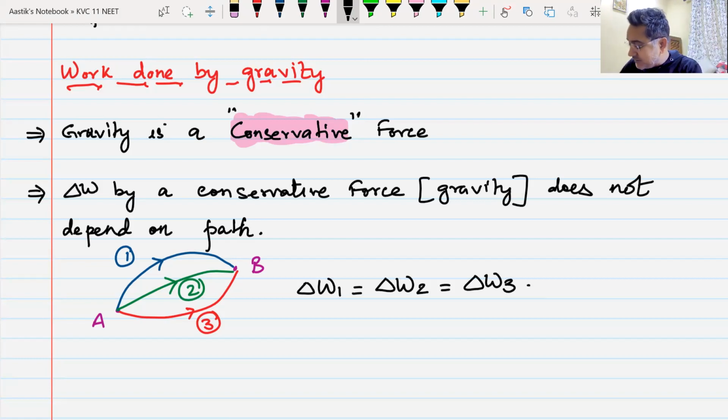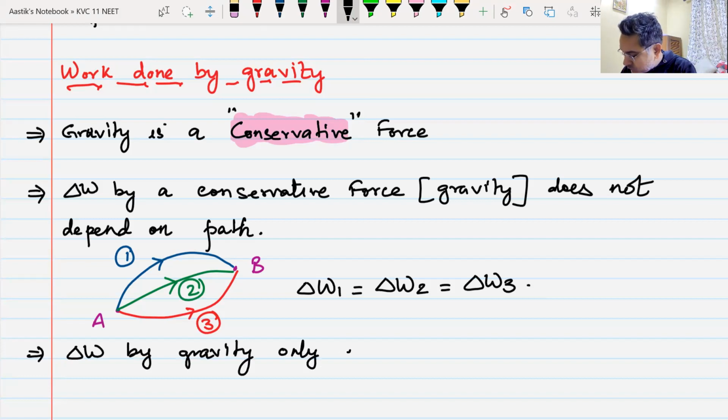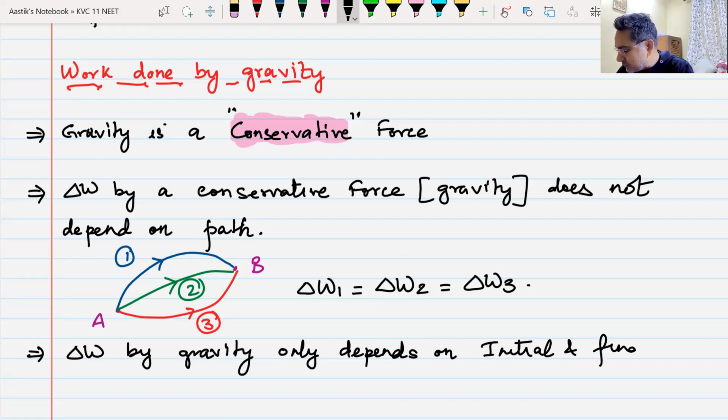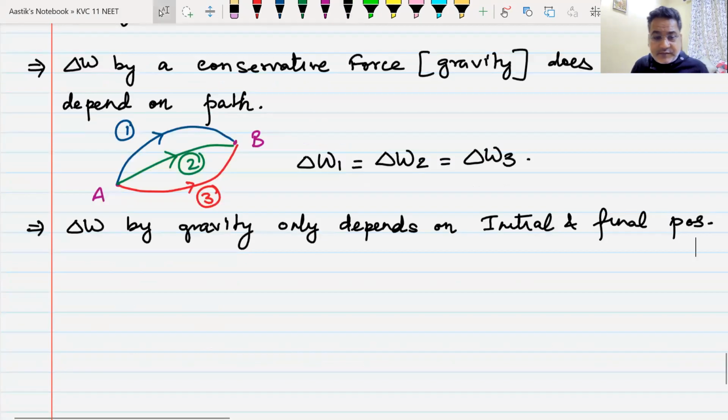So you can also write this: work done by gravity or a conservative force only depends on initial and final positions. Where was the initial position and where is the final position? It only depends on this.